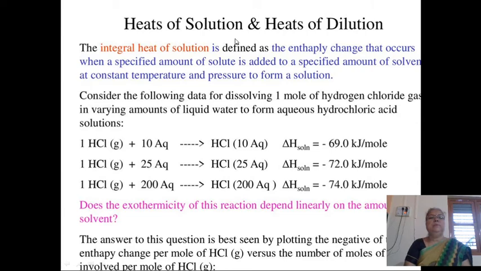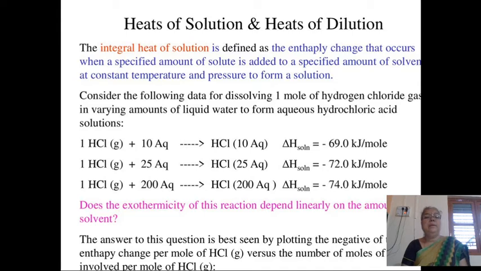Then the next point, heats of solutions and heats of dilution. Here the integral heat of solution is defined as the enthalpy change that occurs when a specified amount of solute is added to a specified amount of solvent at constant temperature and pressure to form a solution.